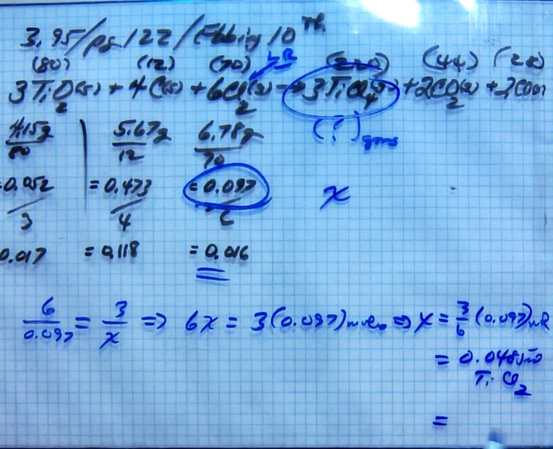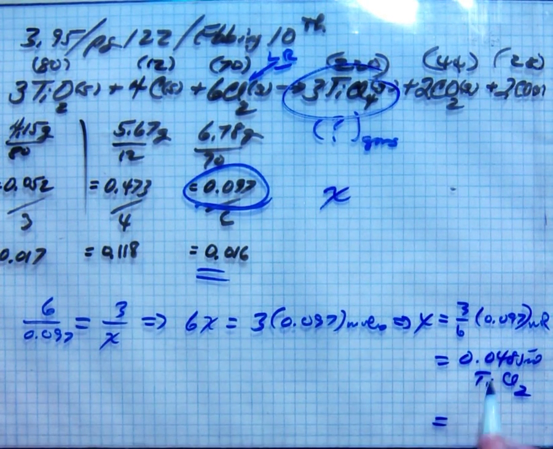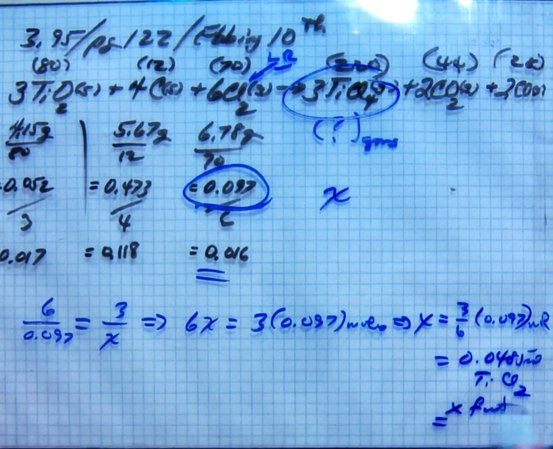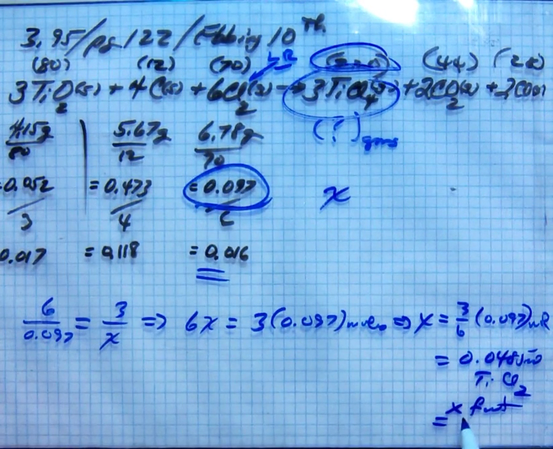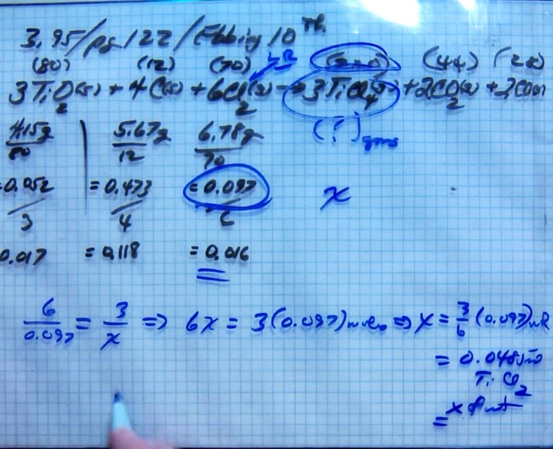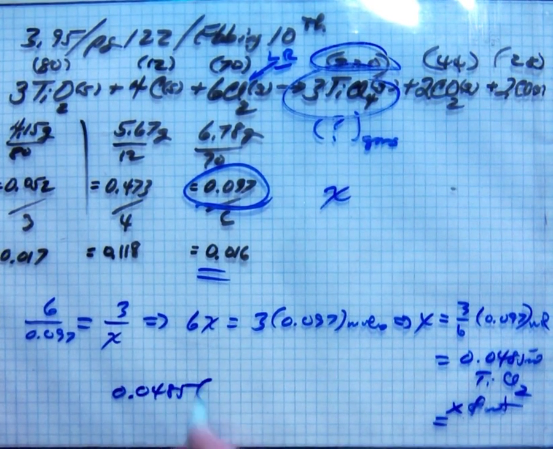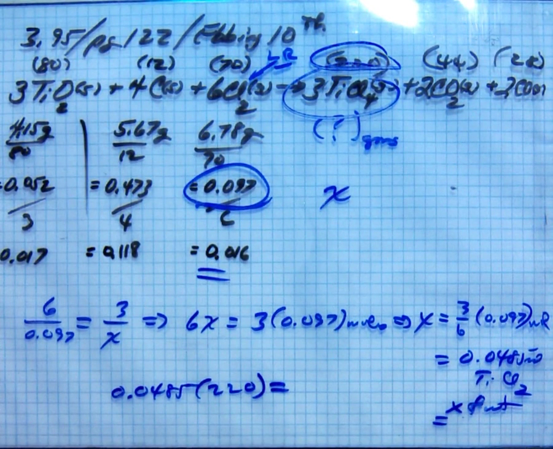How many grams? How do I get it? Times formula weight, which I think says 220. So 0.0485 times 220 equals 10.67.